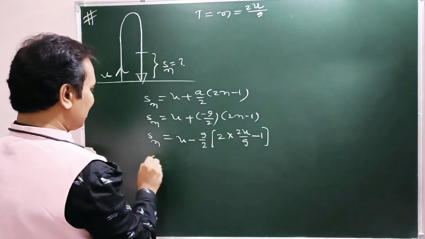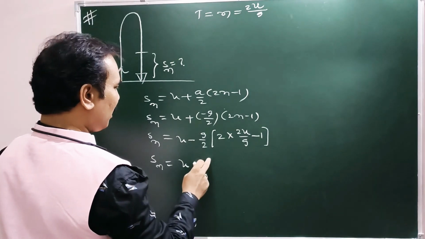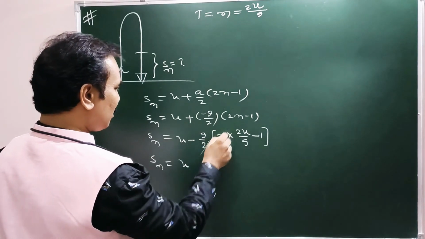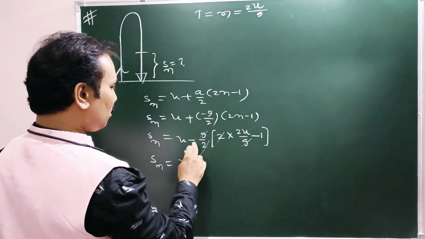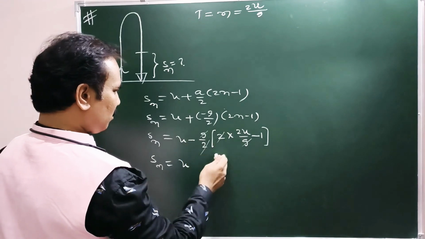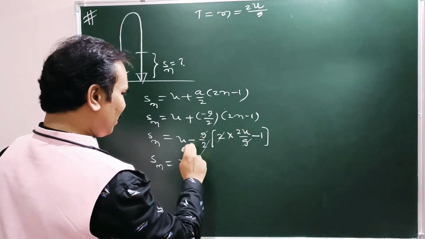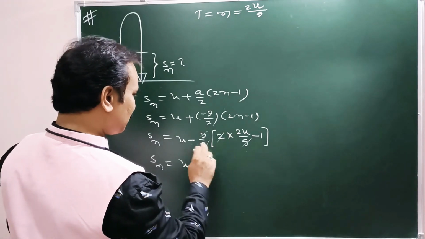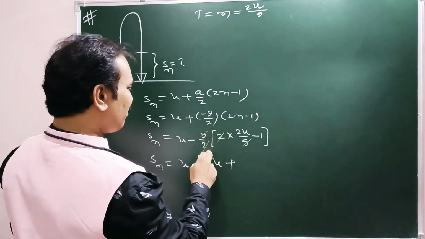That is Sn equals u. Here 2 cancels, g cancels, and we are left with minus 2u, plus g by 2.